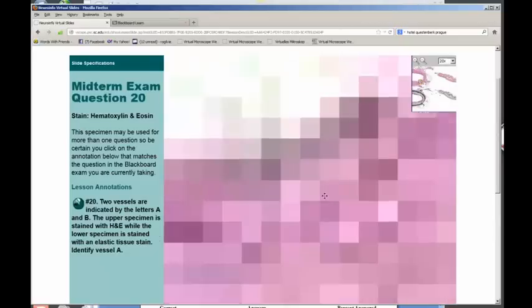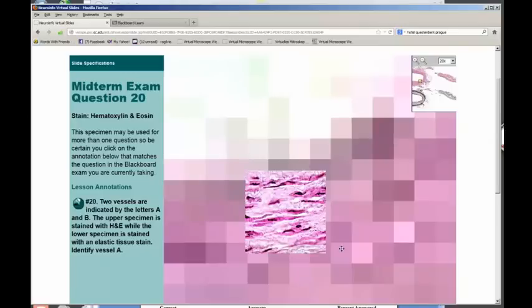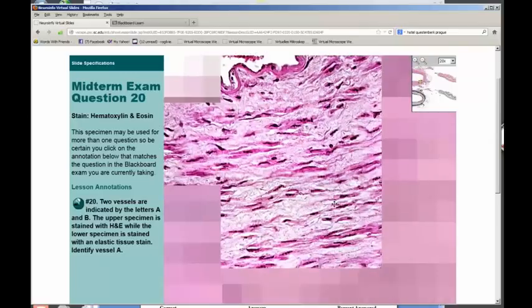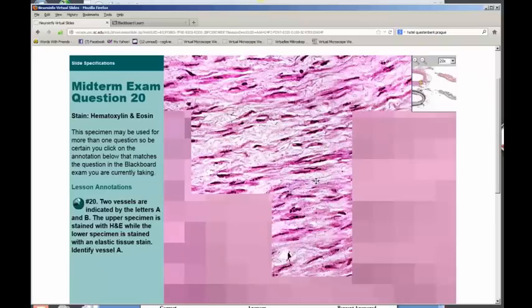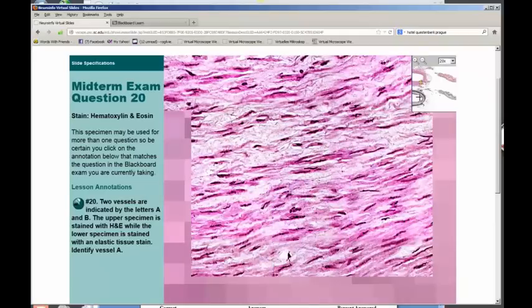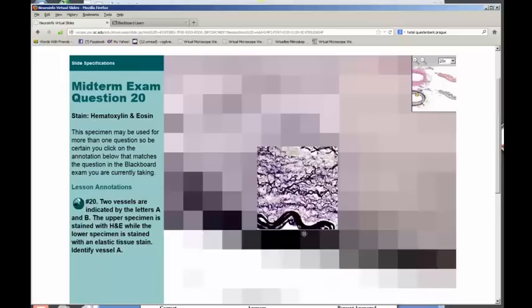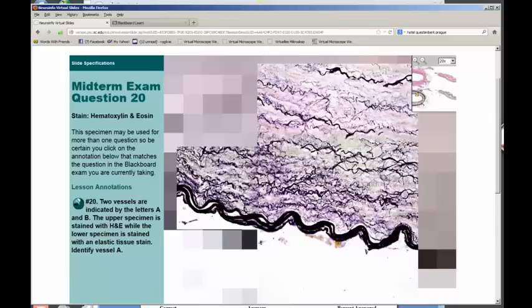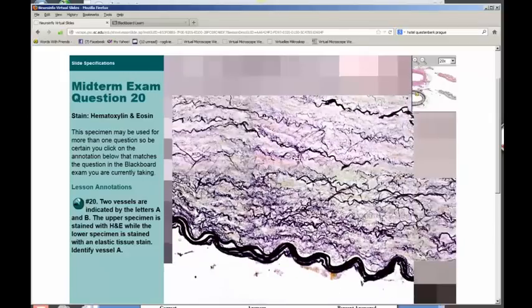If we magnify it one more step, we can see that structure, and throughout here you have smooth muscle cells scattered. Then if we go down to the elastic stain, you see a very prominent elastic membrane, and the rest of these are really fibers.